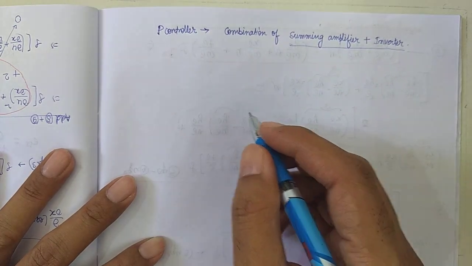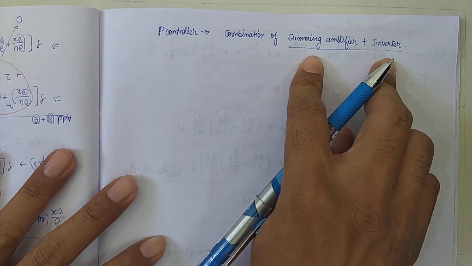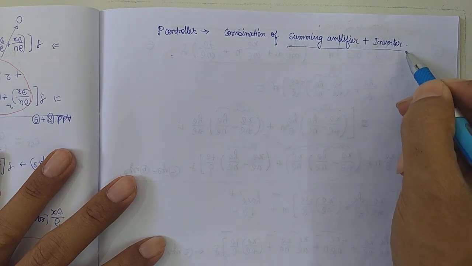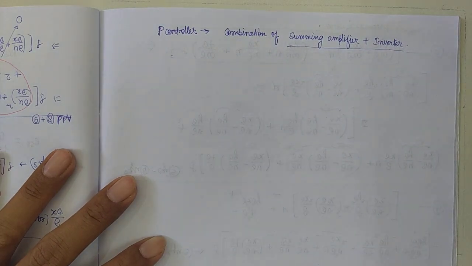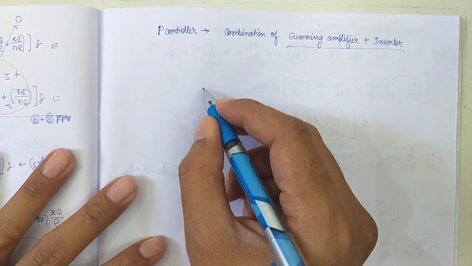So let us recall how these two things are related to the electrical circuits. So this is how the summing amplifier would look like.